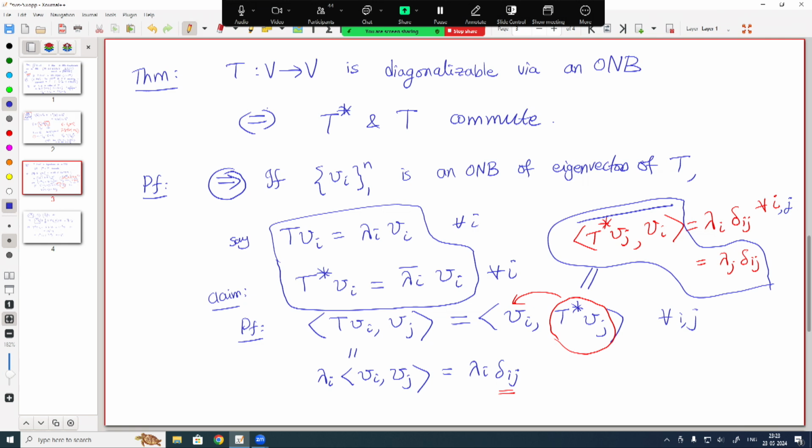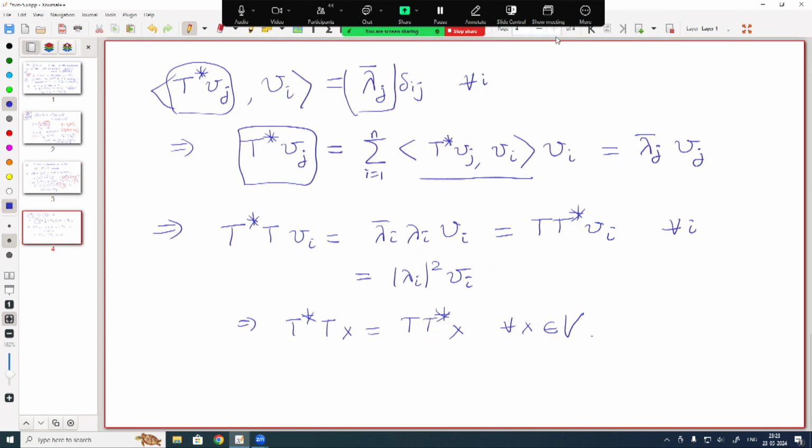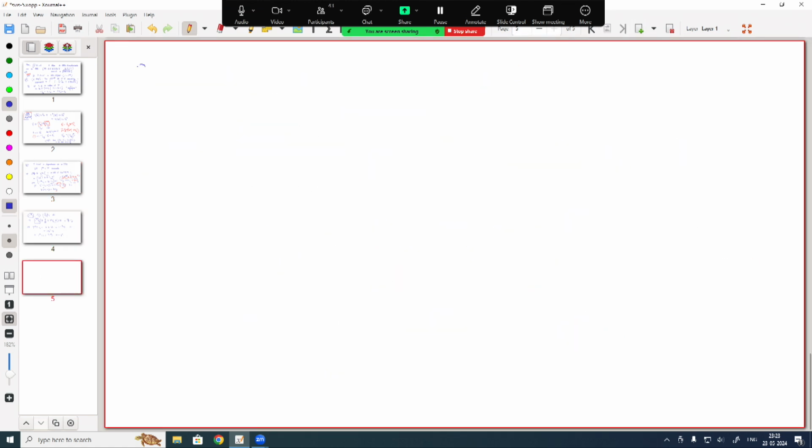Suppose T and T star commute, then we need to show that T is diagonalizable, that there is an orthonormal basis. Now, this is an important property of commuting operators. Suppose I have two operators A and B which commute. In general, no inner product, nothing.